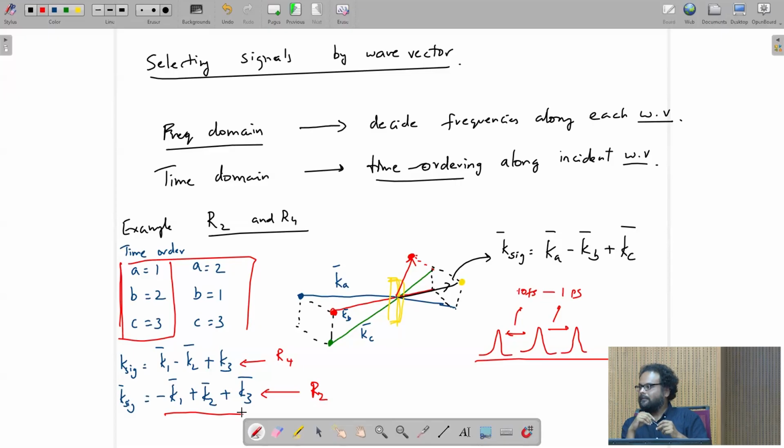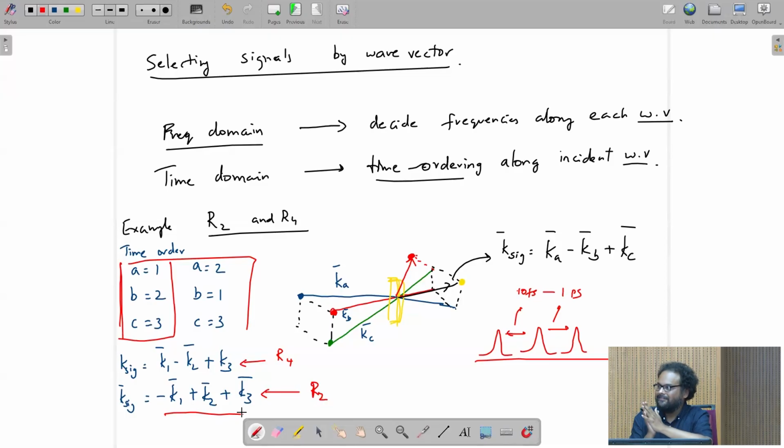Make sense? For a given time ordering, we have all the processes there. Whatever satisfies this condition is happening. It's all there; it's a nonlinear response, everything. It's only that the wave vector matching happens to be in a different direction than where you're measuring.